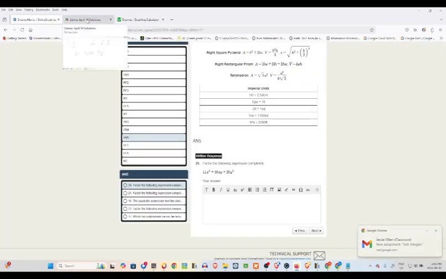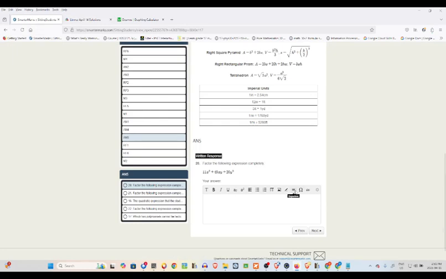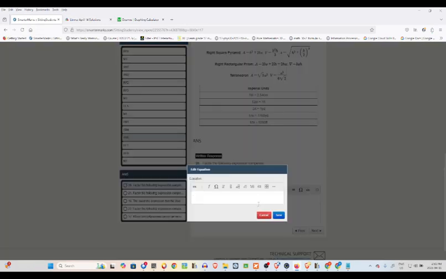All of our signs are positive, so we can keep that. X plus 4y, 11x plus 5y.